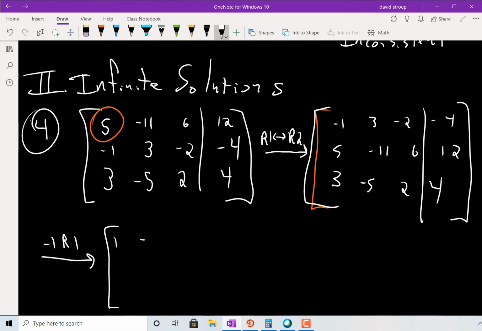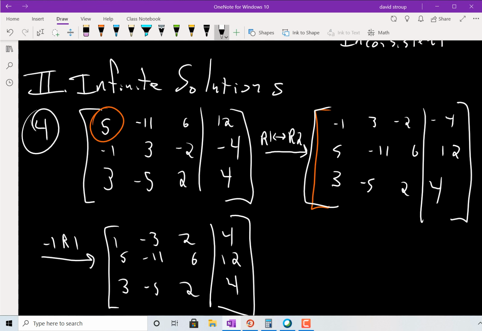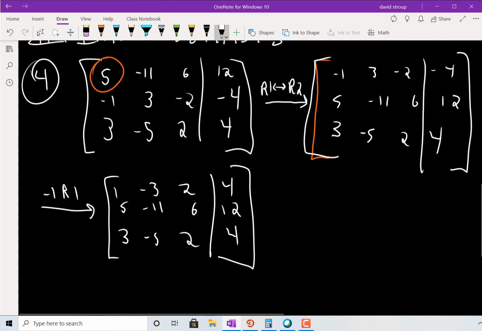So it'd be 1, -3, 2, 4, 5, -11, 6, 12, 3, -5, 2, 4. Okay, then I need to get zeros below the pivot position, so right here and here. Okay, so 2 birds with 1 stone. -5, row 1 plus row 2, and then -3, row 1 plus row 3.